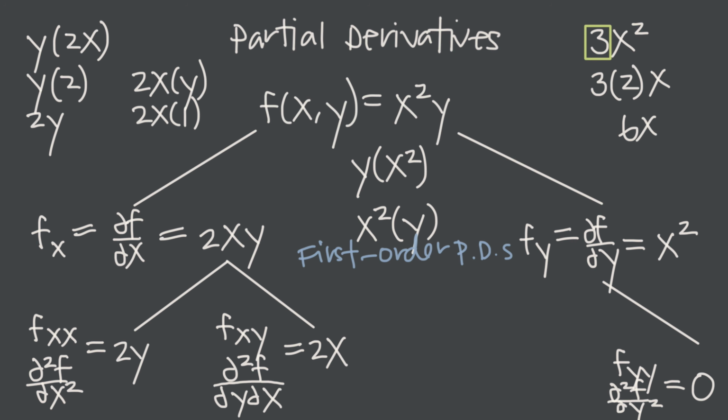And then finally, this is the last second order partial derivative. This one we're saying is the partial derivative with respect to y and then x. So if we were going to write that in subscript notation, we would say with respect to y and then x. And if we were going to write it in this notation, we would say partial squared f over partial, we said with respect to y first, so that goes on the right side, then with respect to x.